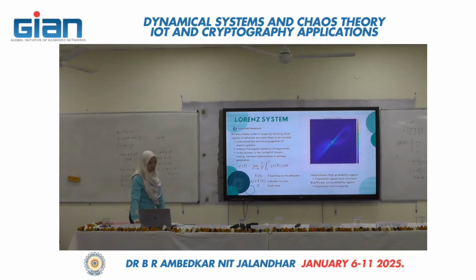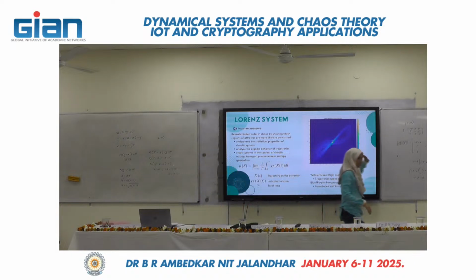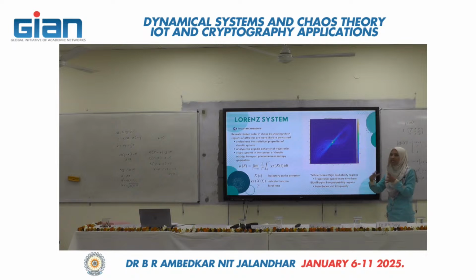Now we move to the invariant measure. I don't want to go deeper into this, but I just want to highlight the figures. For invariant measures, you want to see how likely the attractor has been visited.